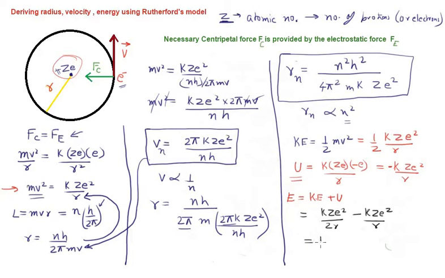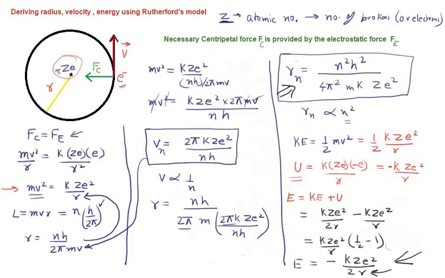So if we take out kZe² by r common, we will get half minus 1, which will be simply E is equal to minus kZe² by 2r. Right? Now this value of energy can be represented in terms of n if we take the value of this radius and plug it right here.